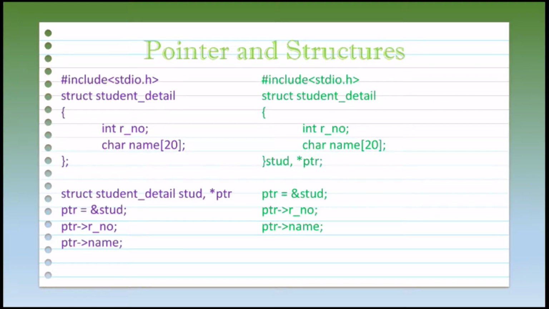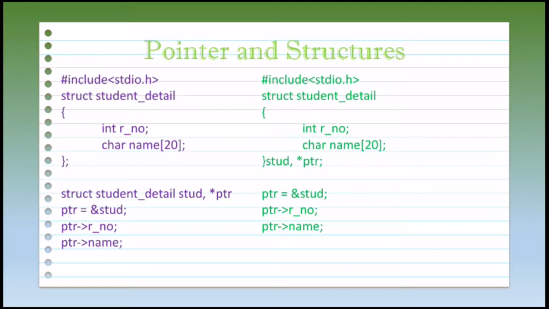There are just slight differences, that is struct student, obviously we are creating one structure data type, and then there are two members, r number and name. And next we have created structure variable and pointer variable separately.